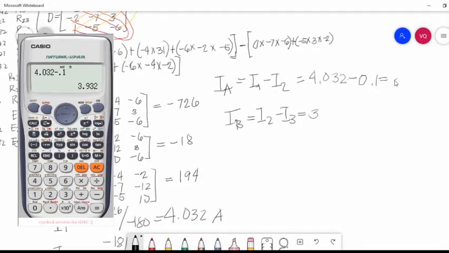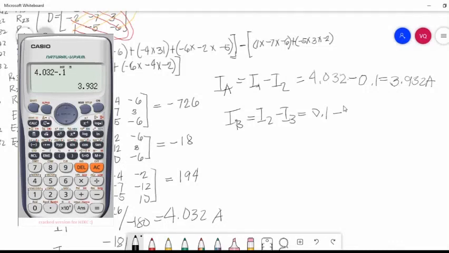Dito pala. 3.932 amperes. Positive means correct direction of current. IB is I2, 0.1, minus I3.